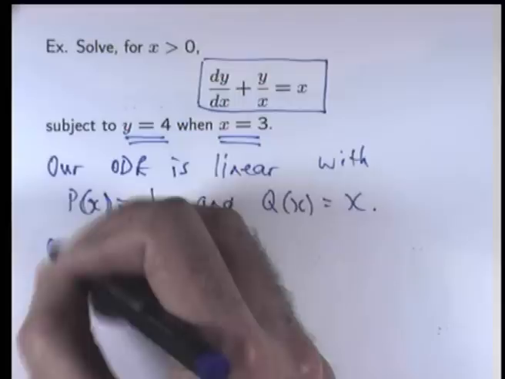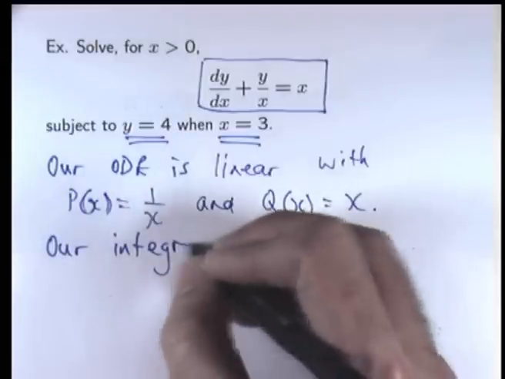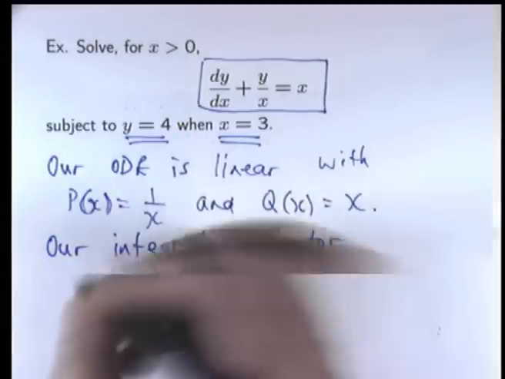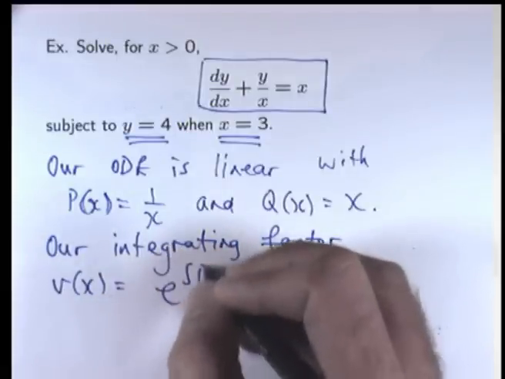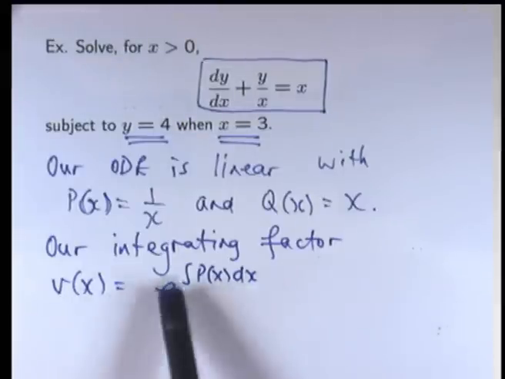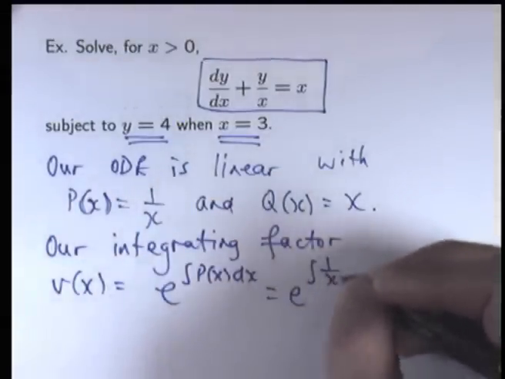All right, so now let's form our integrating factor. So by definition, our integrating factor, v of x, well, that's just e to the integral p of x. So for this particular example, it's e to the integral 1 on x dx.